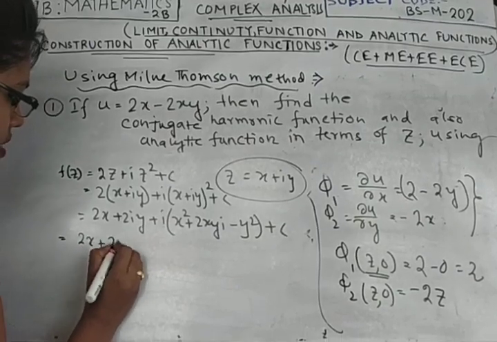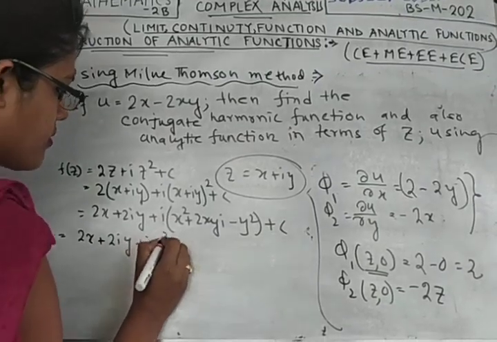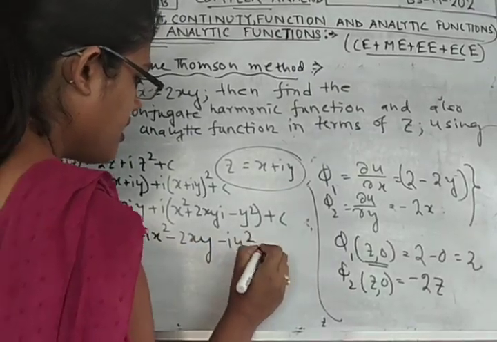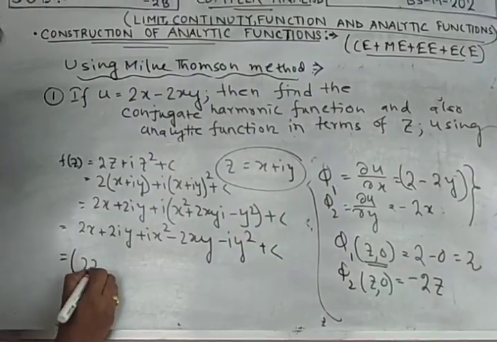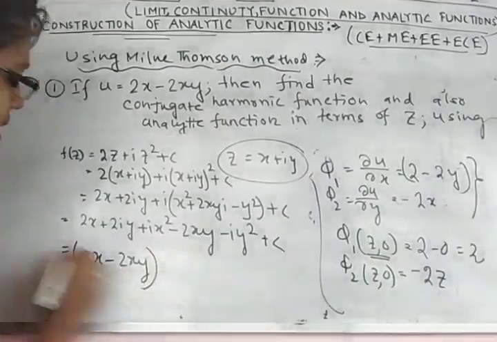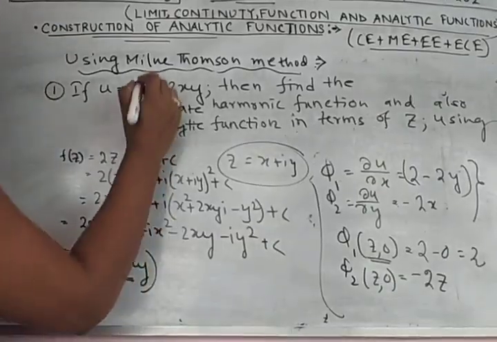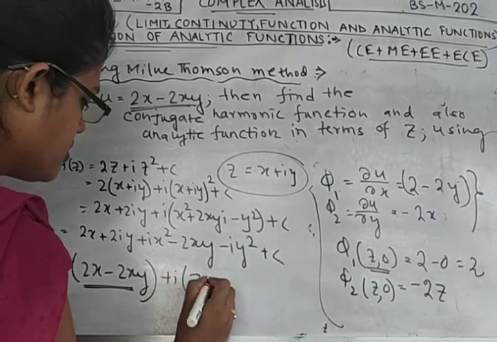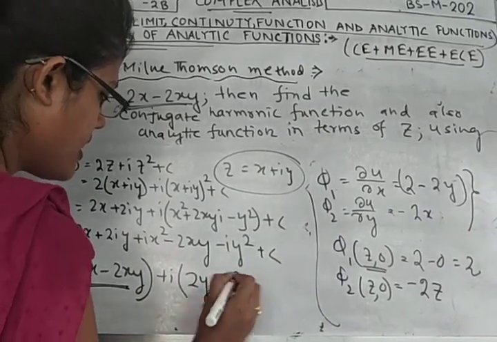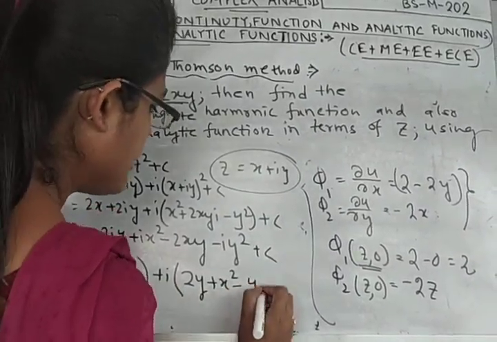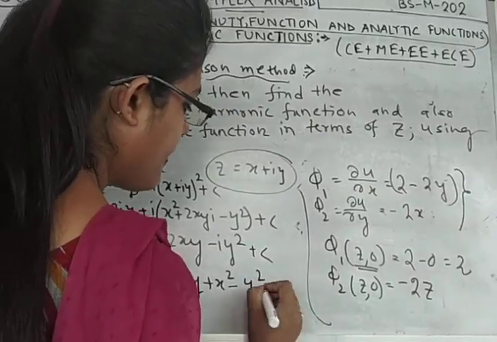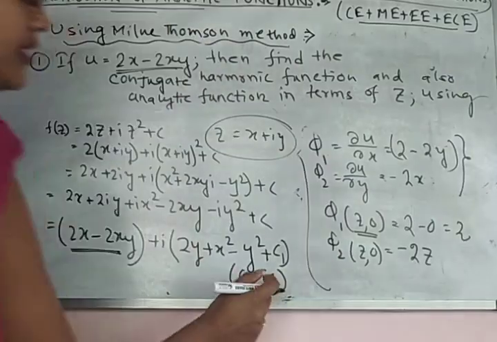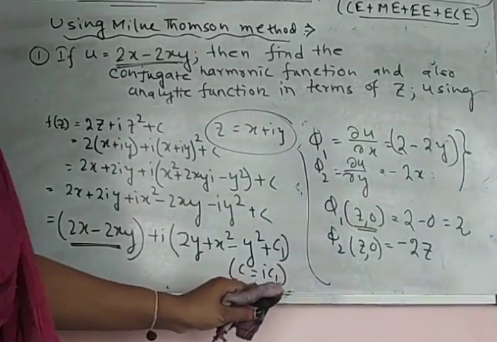So we have 2x plus 2iy plus i x squared, and i squared is again minus 1, so minus y squared, plus c. Our real part is 2x minus 2y. And i times our imaginary part, which is 2y plus x squared minus y squared plus c1, because c is an arbitrary constant and we assume c equals i c1, where c1 is also a constant.